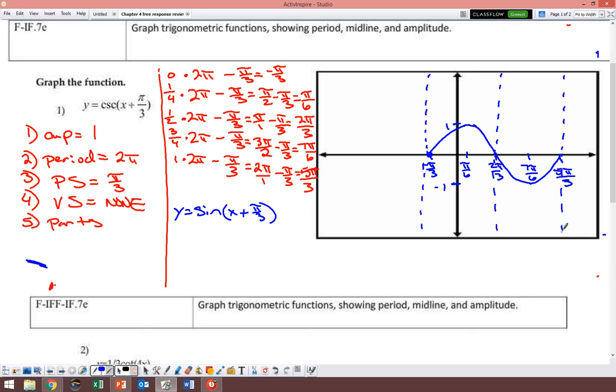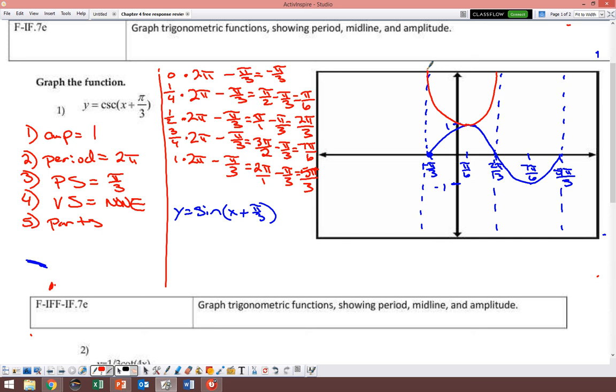Okay, now it's time to actually graph the reciprocal function. So this is the sine, right? And the reciprocal function is going to be in red. So now, I need to take this piece in between my two asymptotes and do what? Flip them over, right? So I'm going to take the reciprocal. I'm going to flip those over. So right here, it's going to go up to there, like that.